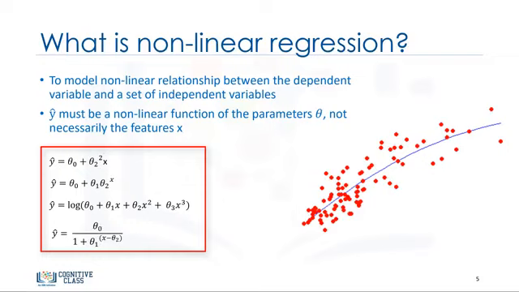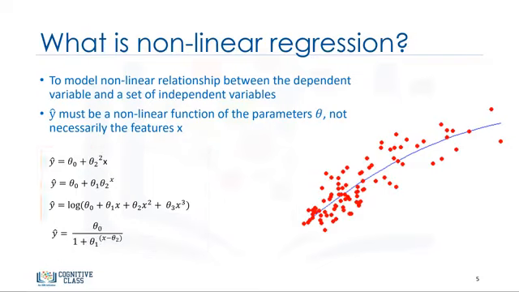As you can see in all of these equations, the change of y hat depends on changes in the parameters theta, not necessarily on x only. That is, in nonlinear regression, a model is nonlinear by parameters. In contrast to linear regression, we cannot use the ordinary least squares method to fit the data in nonlinear regression, and in general, estimation of the parameters is not easy.